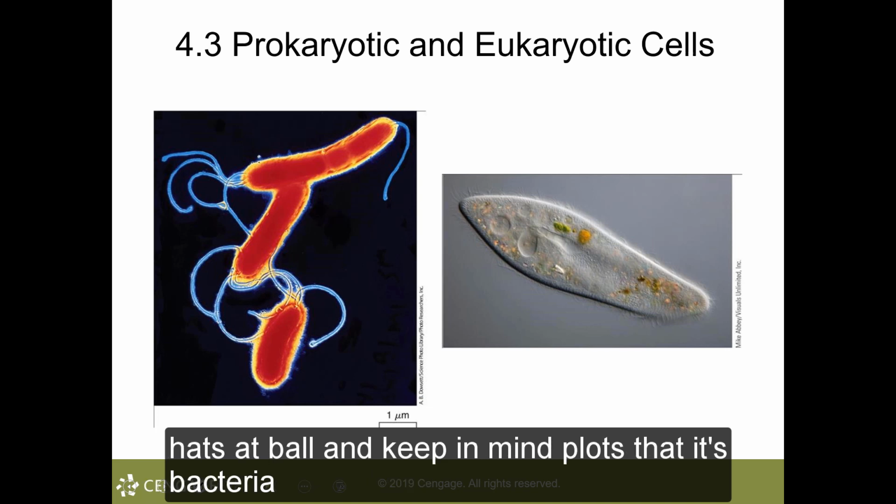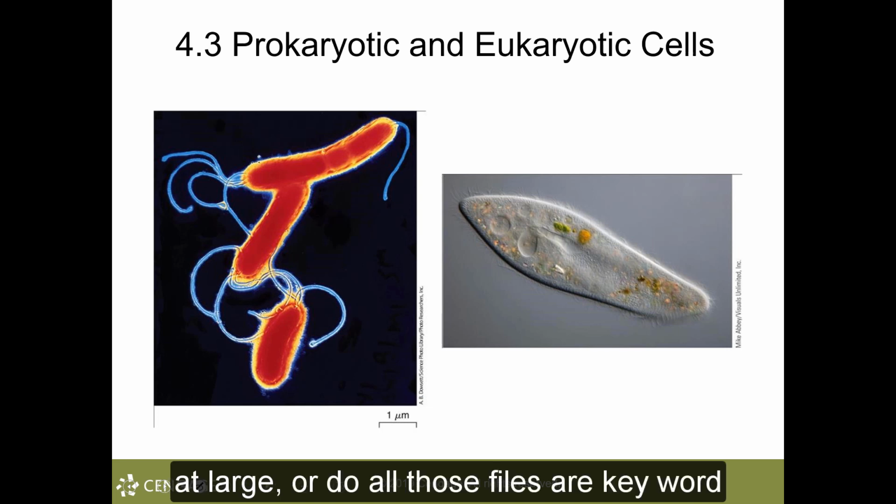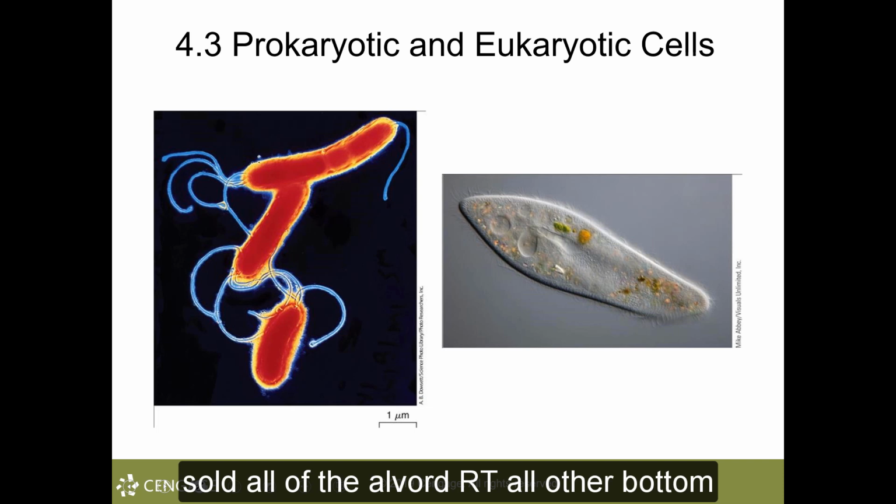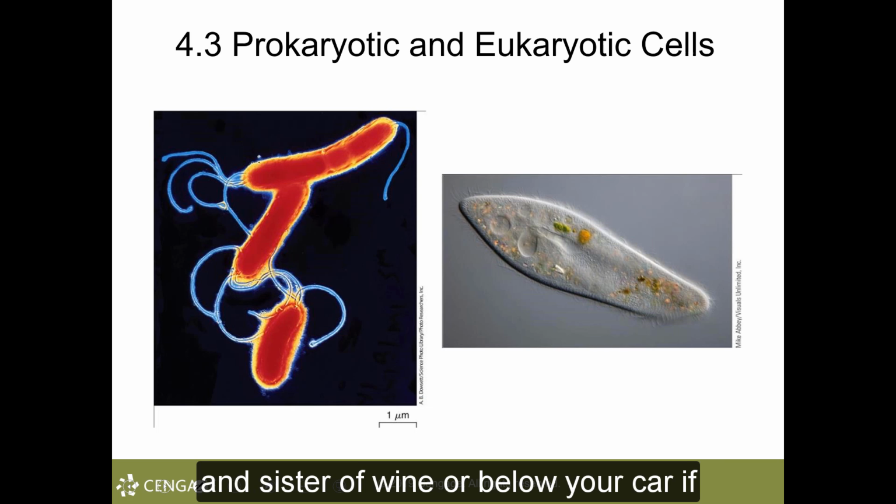Having said that, keep in mind, class, that it's bacteria and archaea, or you can call those archaebacteria. And, of course, those are prokaryotic cells. So all other known organisms, I repeat, all other known organisms consist of one or more eukaryotic cells.